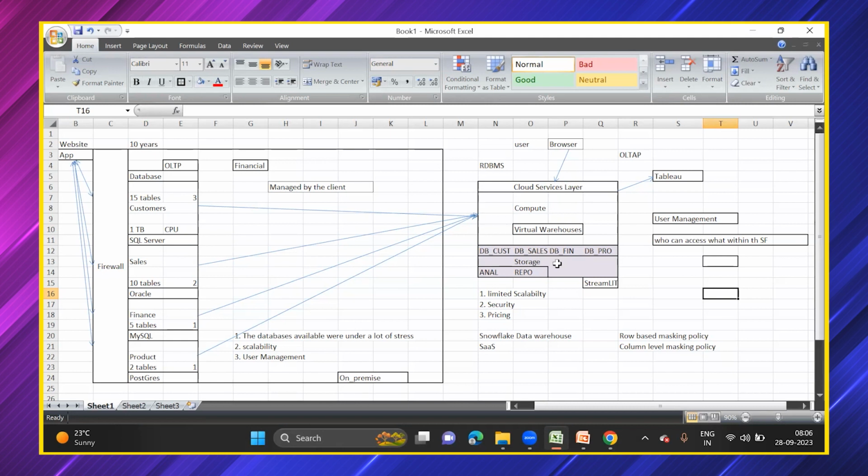Okay. Because there are a lot of tools. Again, this is like questioning the answer that you have. You have Microsoft Power BI, you have Tableau, you have SAP Analytics Cloud, right?